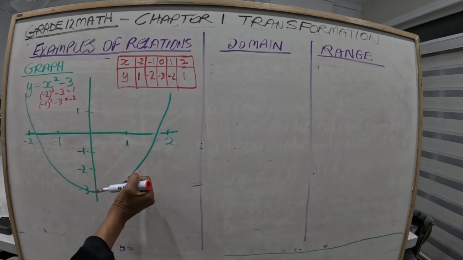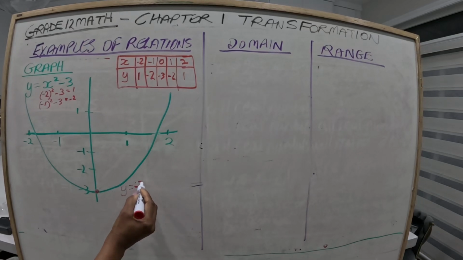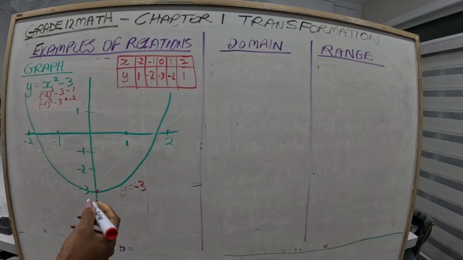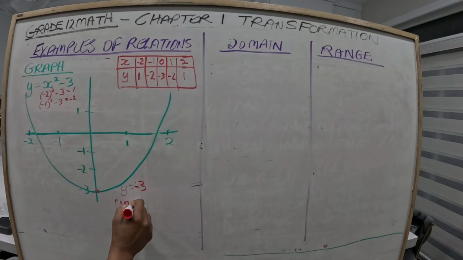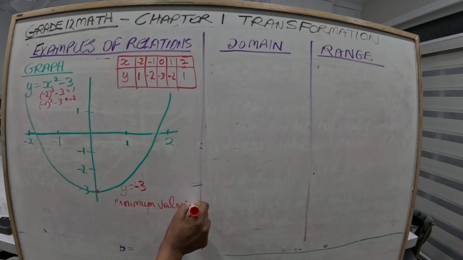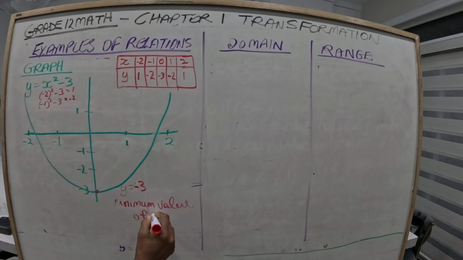Negative 3, sorry. It will never be lower than negative 3. And that will be part of other conversations with regards to minimum and maximum. So this is called the minimum value of y.